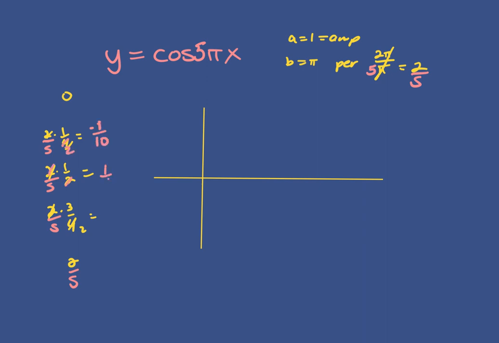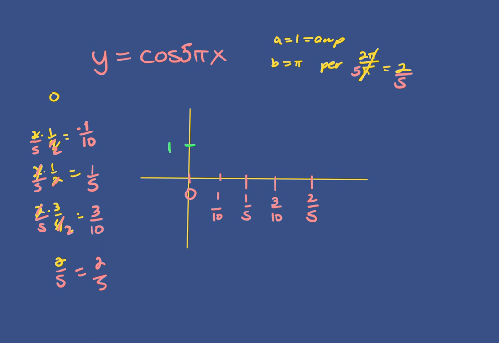This is 1/5. This is 3/10, and then 2/5. And then it's cosine, so we start at the amplitude. Down, down, up, up.